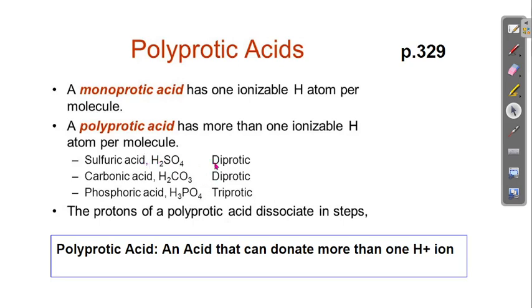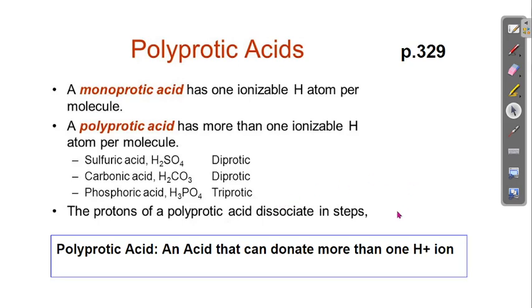When they have 2, it's called a diprotic acid because it has 2 to give away. Triprotic acid means it has 3 to give away. What do you need to know? The definition of a polyprotic acid. You also need to know what mono, di, and triprotic mean. So mono 1 to give away, di 2 to give away, tri 3 to give away.